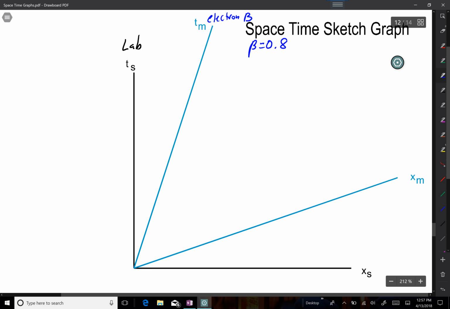And I need to figure out how fast it's going as measured by electron B. I know how fast it's going as measured by electron A. The velocity as measured in the perpendicular reference frame is 0.9. That's what we're told. That's a perpendicular velocity.